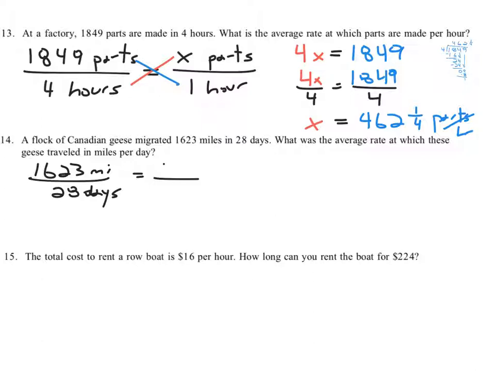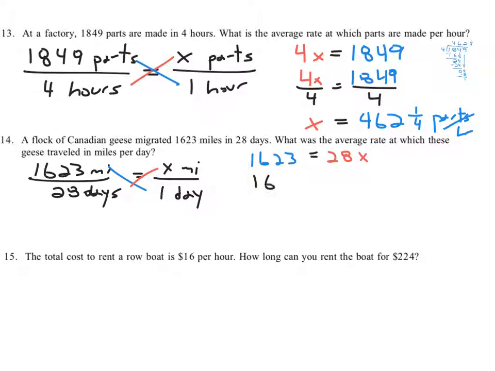So we want to bring it down to how many miles is that for every 1 day? This is a unit rate. Okay, and again, we're going to multiply this times this, and we get 1,623. And we're going to do this times this, 28 times x, or 28x.